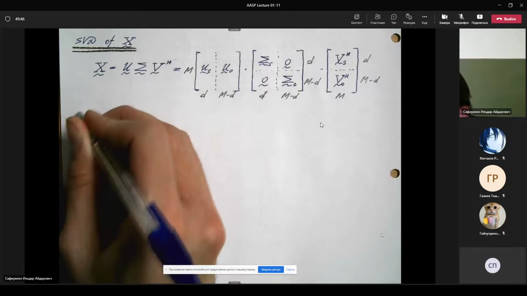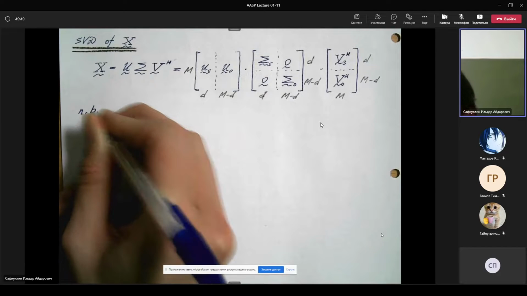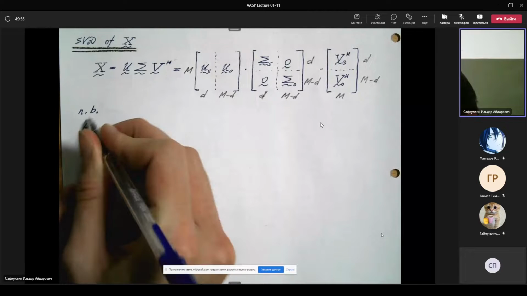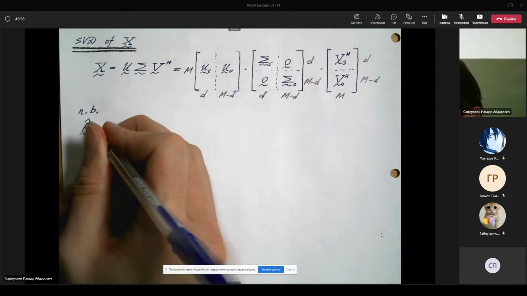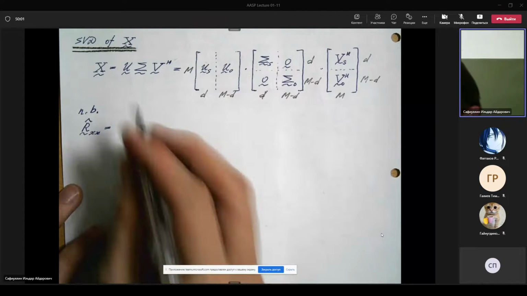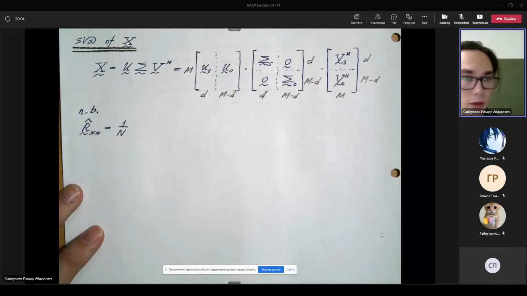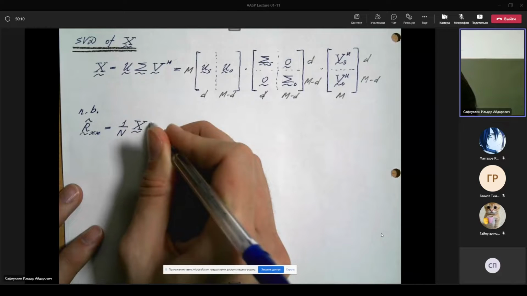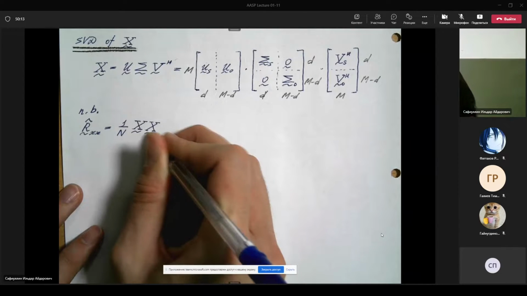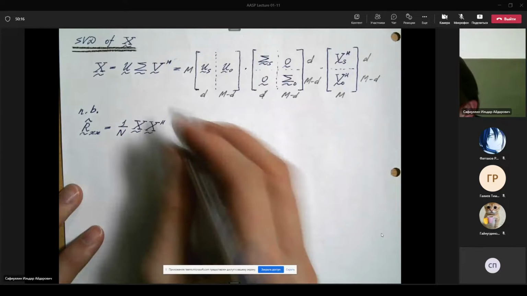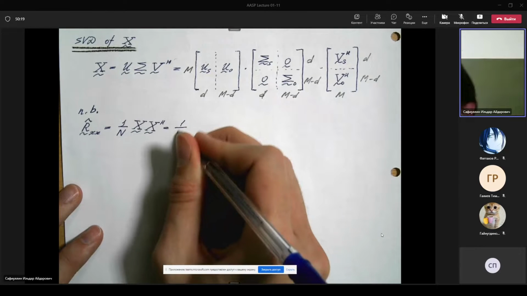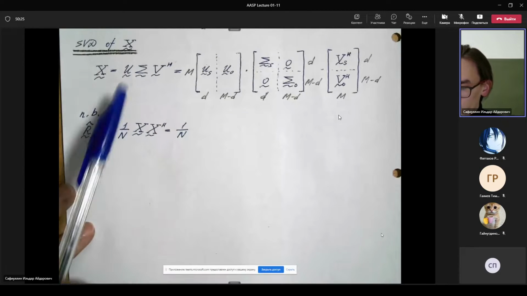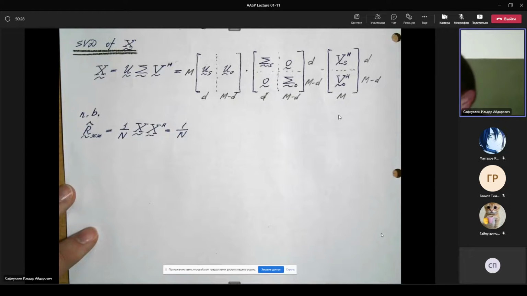Let's continue. Nota bene that Rxx we've had, which is equal to 1 divided by n, so average of x times x Hermitian, is equal to this averaging thing. And here, instead of x, we can write singular value decomposition of matrix x.